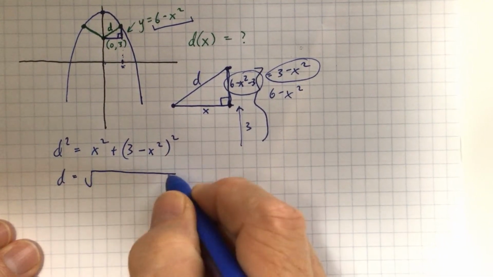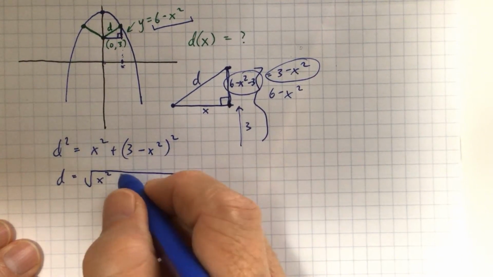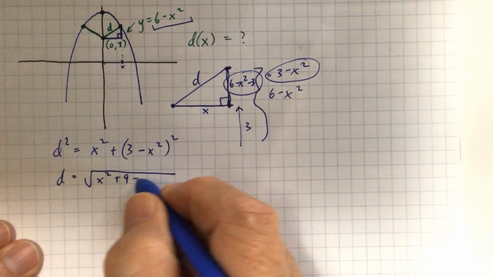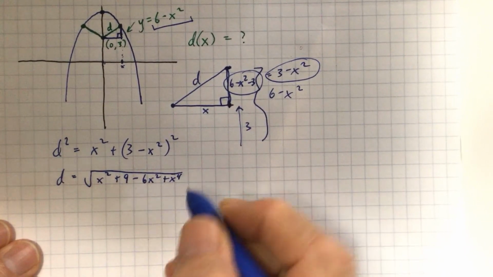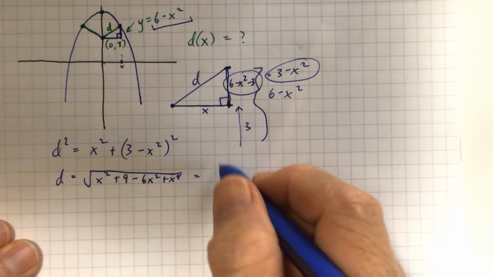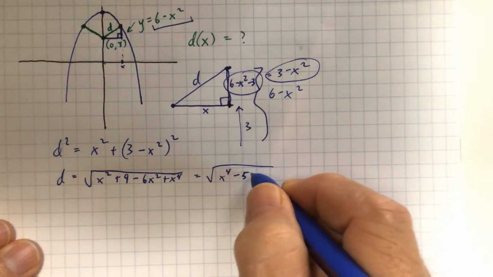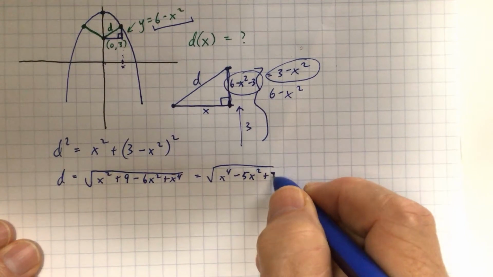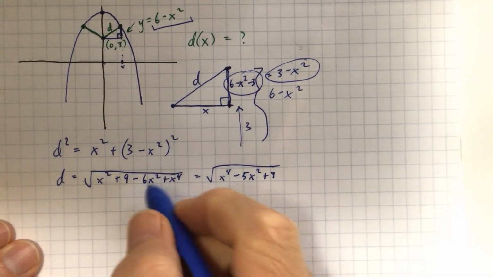So the square root, and let's simplify this a little bit. (3 minus x squared) squared would be 9 minus 6x squared plus x to the 4th power. And if we simplify that, we get the square root of x to the 4th minus 5x squared plus 9. So that's the distance in terms of x.